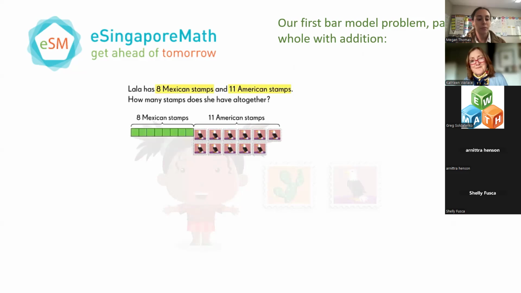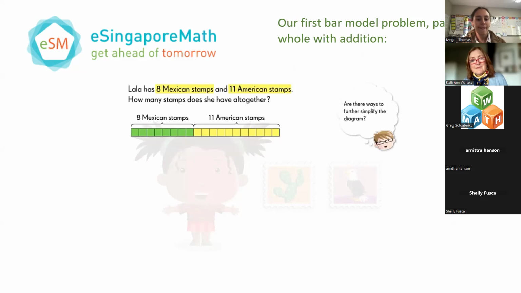We use 8 boxes for the Mexican stamps and 11 boxes for the American stamps. Are there ways to further simplify the diagram? We can just use 2 rectangles, one for the Mexican stamps and one for the American stamps.